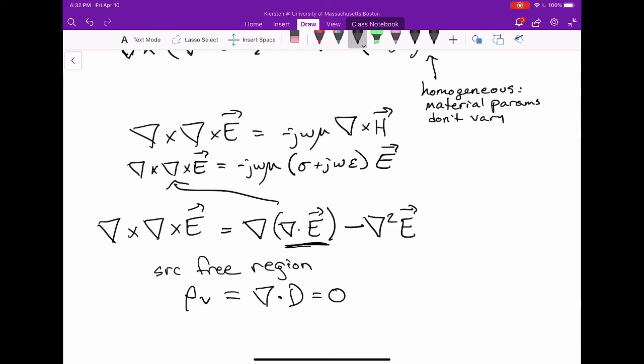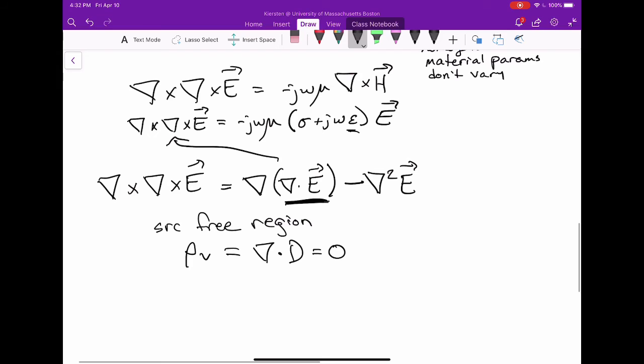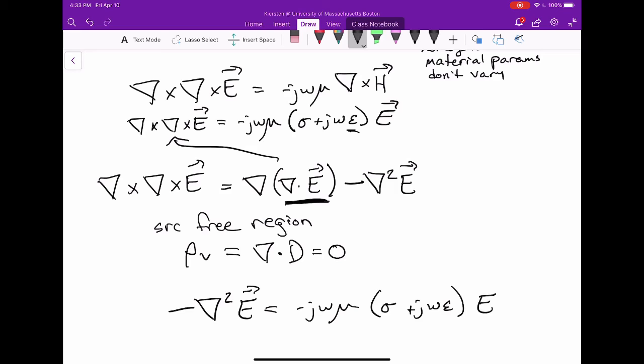So that means that the divergence of the electric field is also 0, because we don't have anything fancy going on with the electric permittivity. So now our new wave equation is minus Laplacian of E is equal to minus j omega mu times sigma plus j omega epsilon, times E.